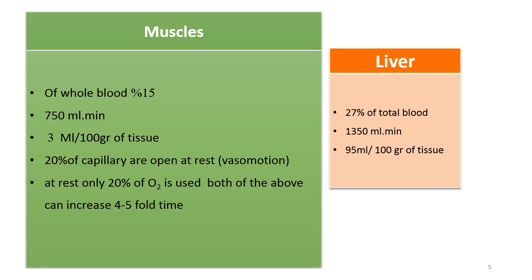About 3 milliliters per 100 grams of muscle. During rest, 20% of capillaries are open. But during exercise, these capillaries open 4 to 5-fold, and it means that during exercise the blood flow in the muscle becomes high, and the blood is shifted to muscles during exercise.